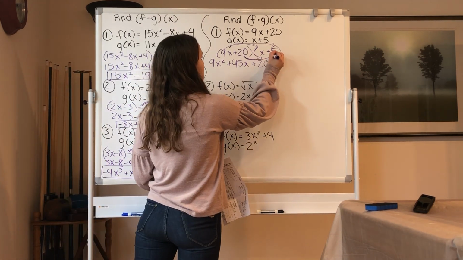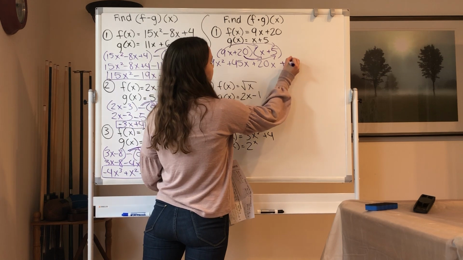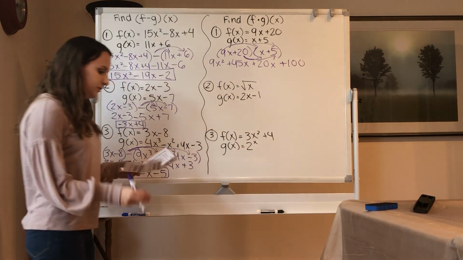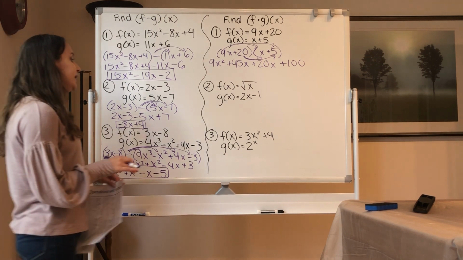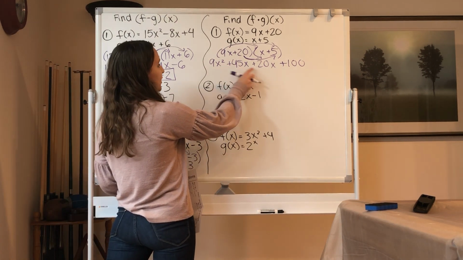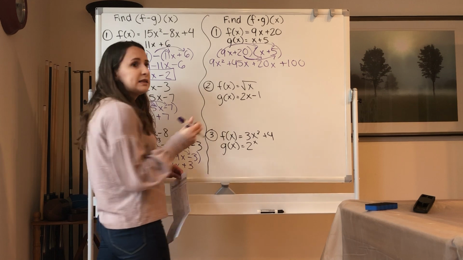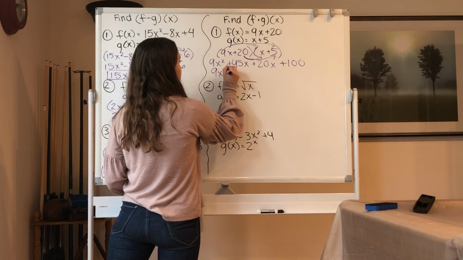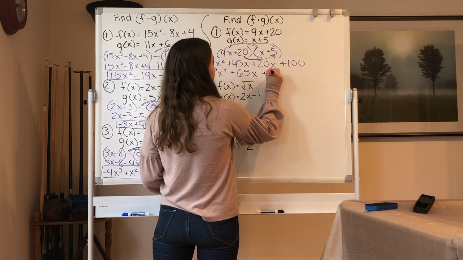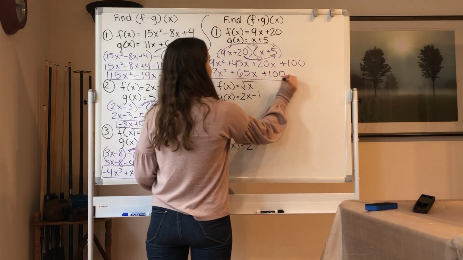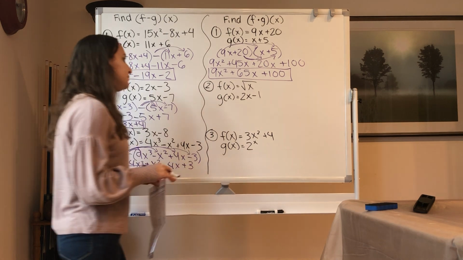And last, 20 times 5 is positive 100. Now we can combine like terms. So 45x and 20x make 65x. So we have 9x squared plus 65x plus 100. And that's it.